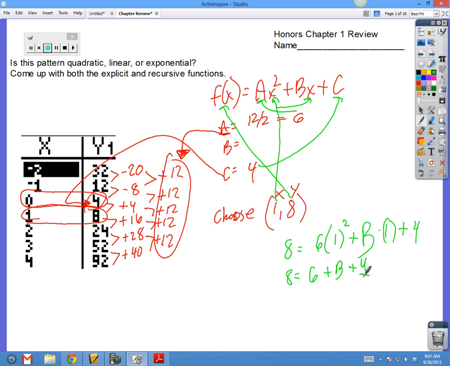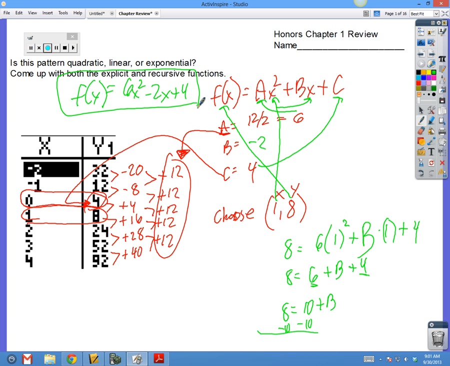I can combine these like terms. 8 equals 10 plus b. What number plus 10 is 8? b has got to be a negative 2. So then my explicit function is going to be f of x equals 6x squared minus 2x plus 4.